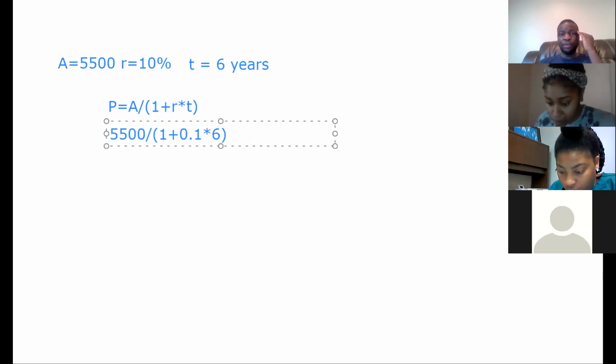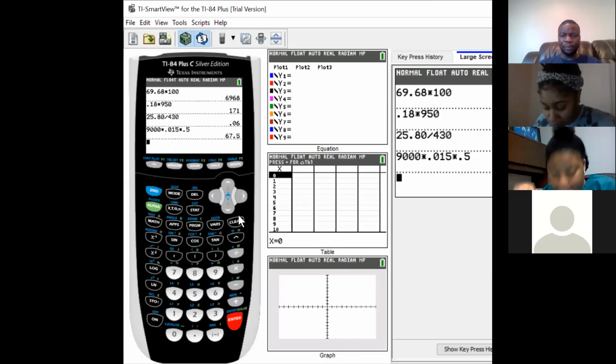So I'm going to share my screen with you guys on how I type that on the calculator. I'm going to literally type it the way I wrote it down.